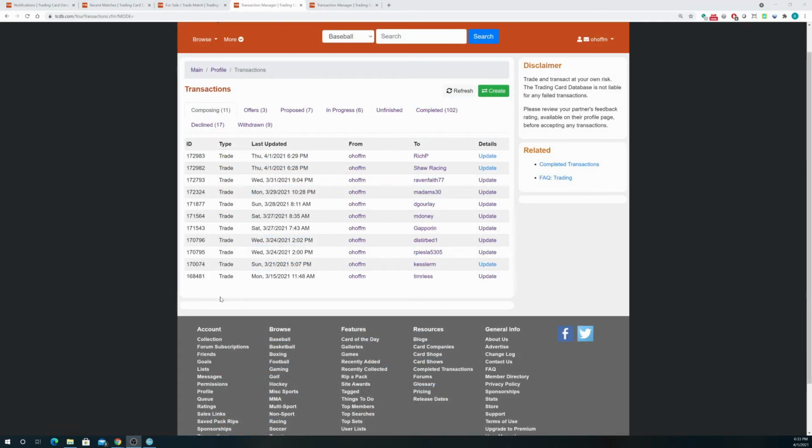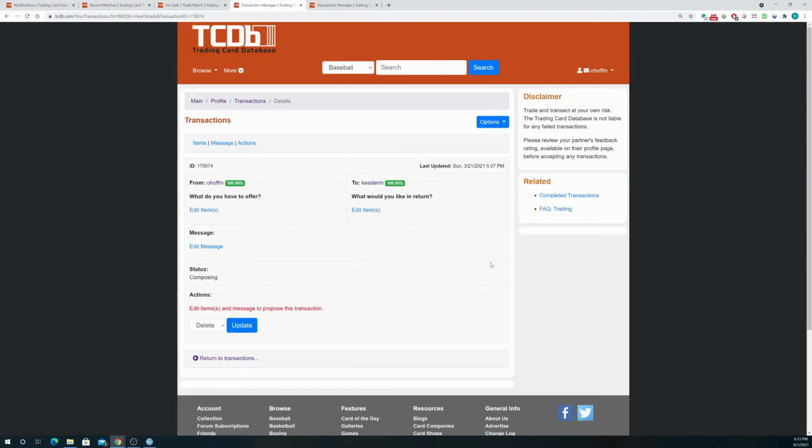Okay, I'm all set to propose a trade, and I had one here for a while on someone that I wanted to trade with. I even went back and forth with them messaging, and they said that they are open for trading right now. So once I click on that, it says, what do I have to offer and what would you like in return?